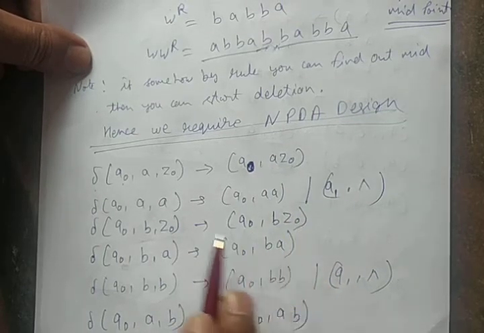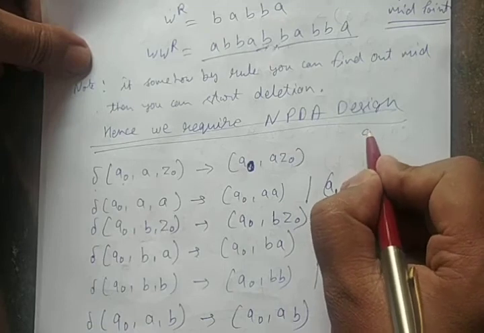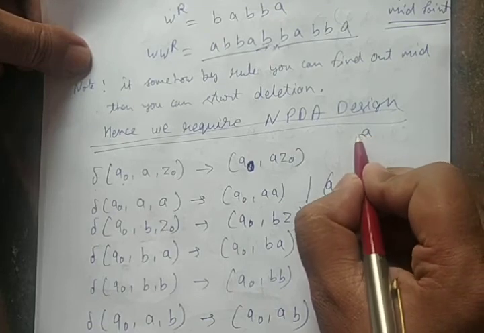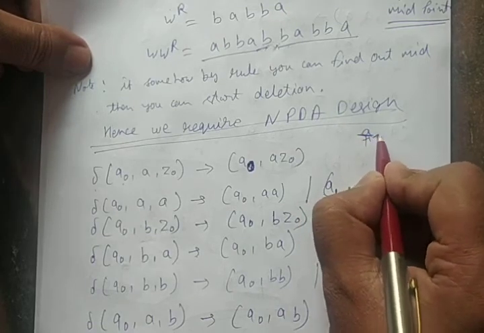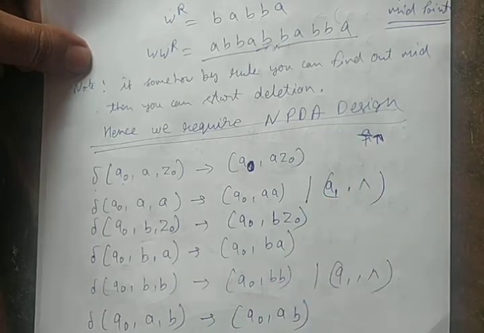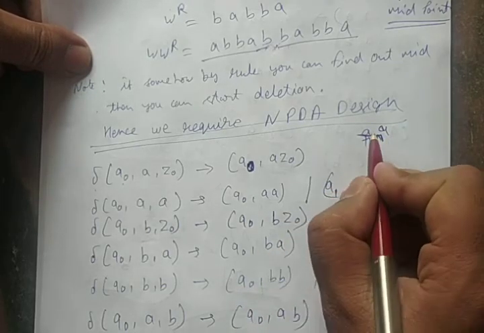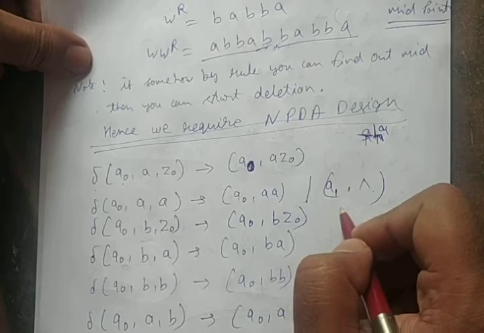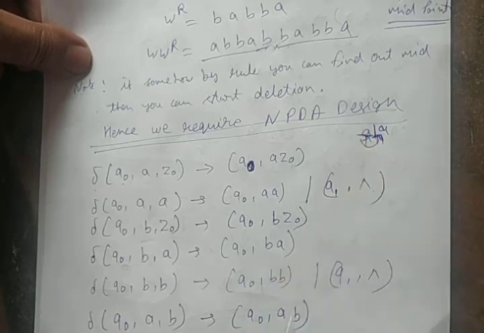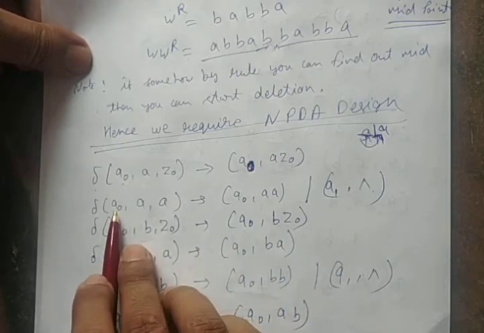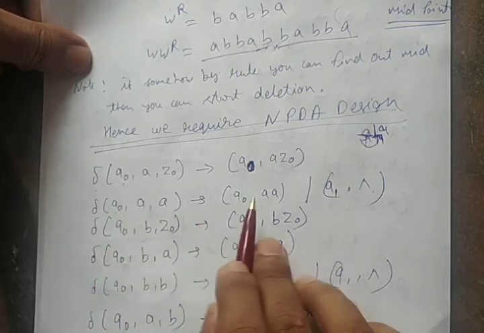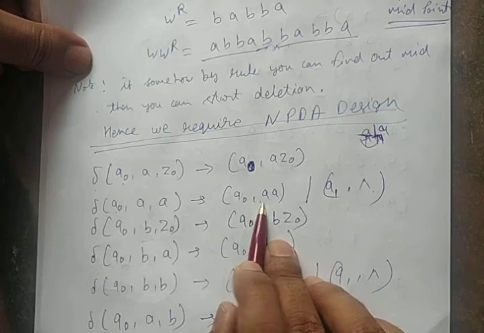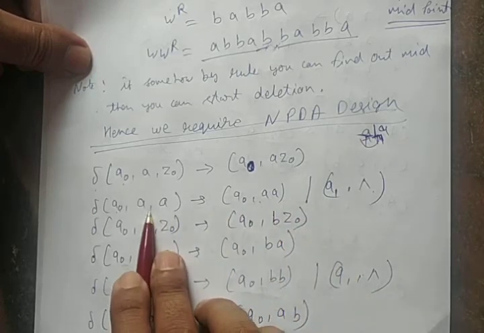Now what will happen? Suppose I have A. After this A, there is a possibility that it has only double A. It means that after A I have one midpoint, and next we want to make a deletion. So I need to make two different rules for the same thing.